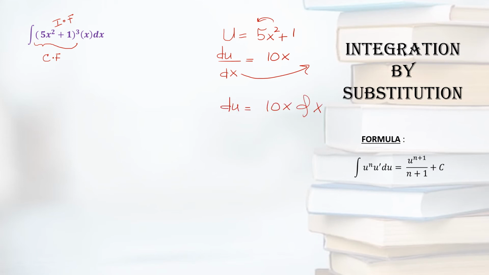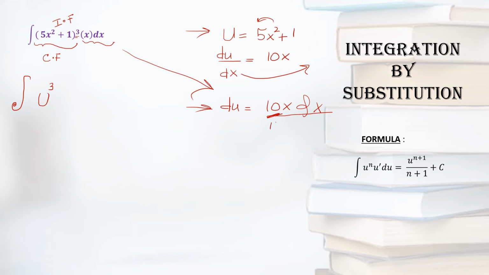Once you are done with the derivative and everything, point out the first equation and see the last equation, du. Now convert the whole question into u form. You already named 5x squared plus 1 as u. So write down u. This power 3, write on the top of the u. Now here you have x dx, whereas on the u side you have 10x dx. It means 10 is extra.